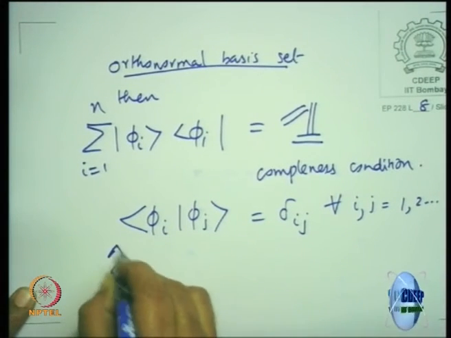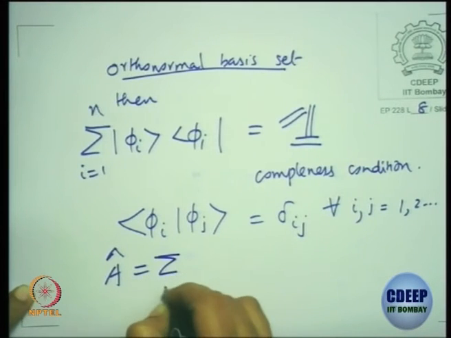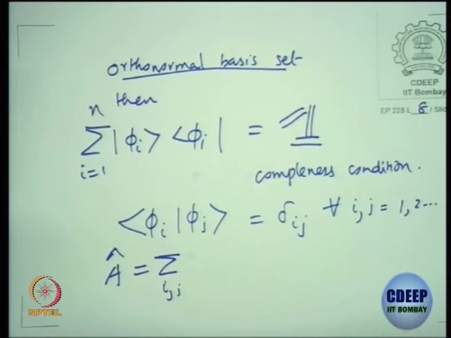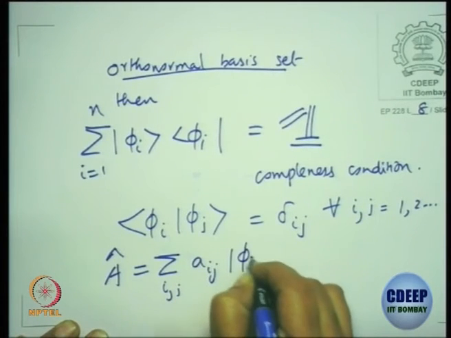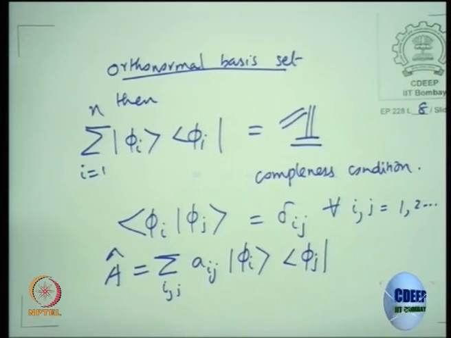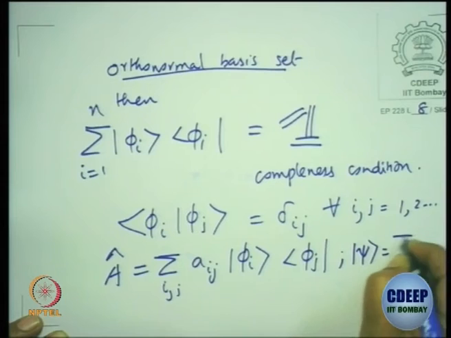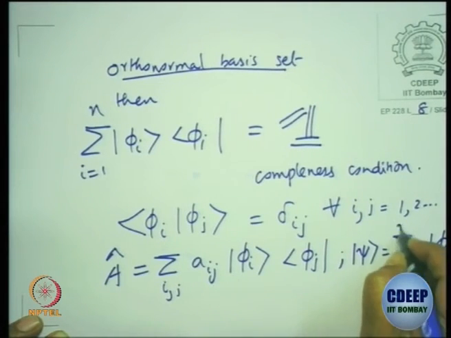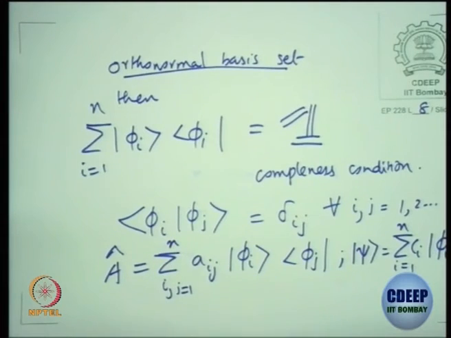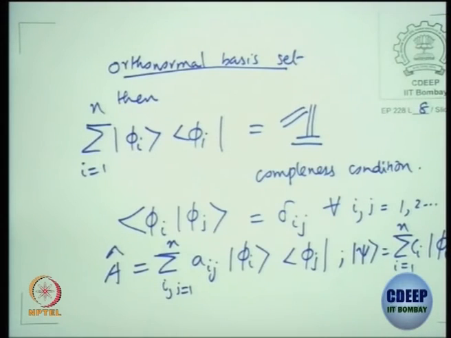Any arbitrary operator will be rewritable as a summation over i, j of some a_ij coefficient |phi_i><phi_j|, and any arbitrary state psi can be written as a sum of the basis states. So this takes care of it: a basis set includes the span, the completeness condition, and this criterion.